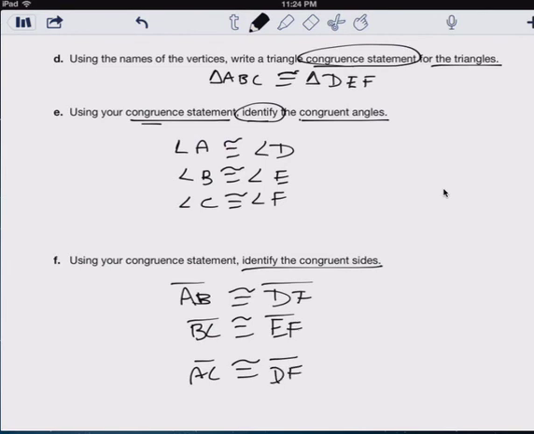Okay? Same order. Now you can say BA. I looked into it. Yes, you can say BA is congruent to FD. Or CB is congruent. The letters don't matter. Just make sure this side matches the same order this way.